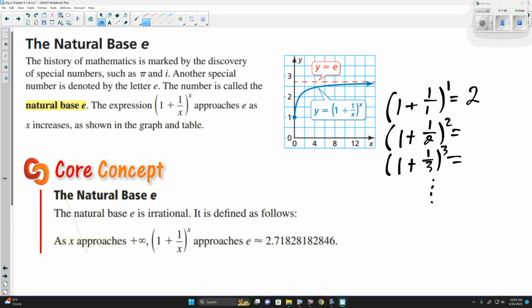And this here will end up approaching this number. It'll get closer and closer to it. Now, just like with pi, we can't actually get the full value of pi. It's a non-repeating, non-terminating decimal, but we can get closer to it.